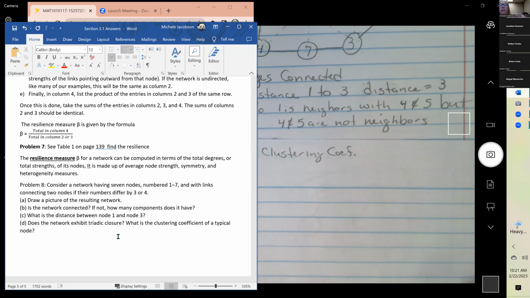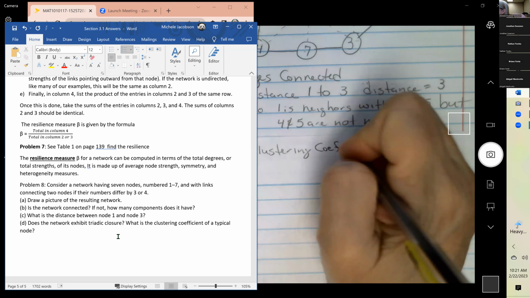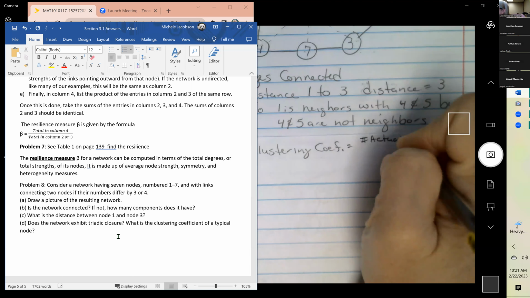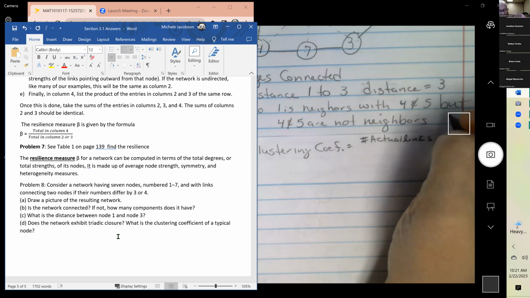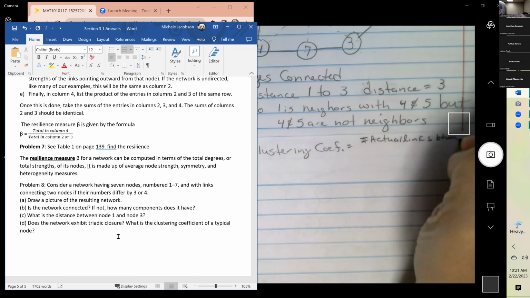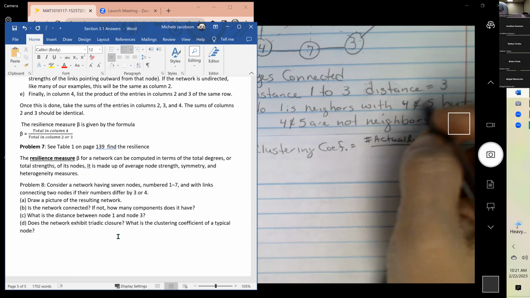Clustering coefficient is the number of actual links between neighbors divided by the number of possible links.